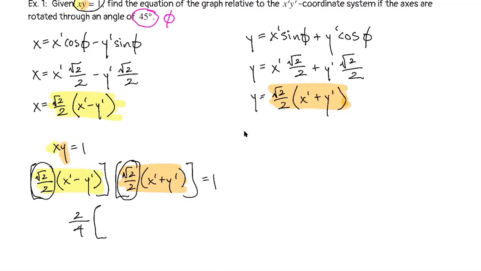And then I'm really multiplying x prime minus y prime times x prime plus y prime, which, just foiling it, gives me x prime squared minus y prime squared.